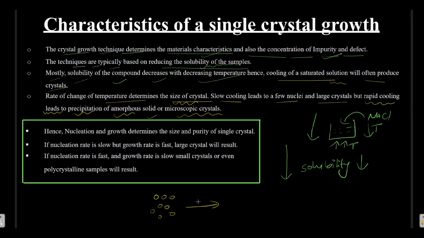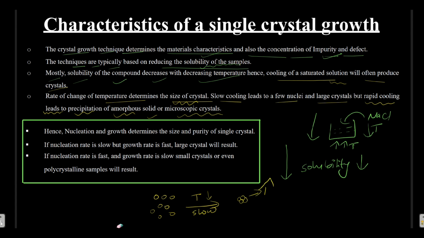Now if we cool it slowly, this is slow cooling, then what will happen? One crystal will be over here, another crystal will easily form over here, another nucleus will come and attach to it, and as a result of that, the size of this crystal will keep on increasing.